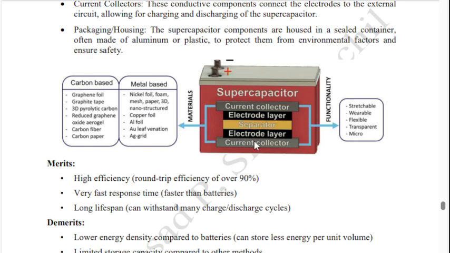They will not combine, and there is no leakage of current. The electricity compresses the negatively charged ions toward the positive electrode and the positively charged ions toward the negative electrode, where they get stored. That is called the charging phase.